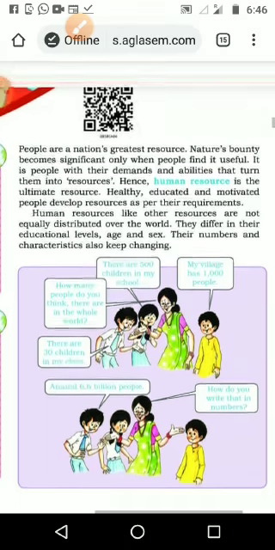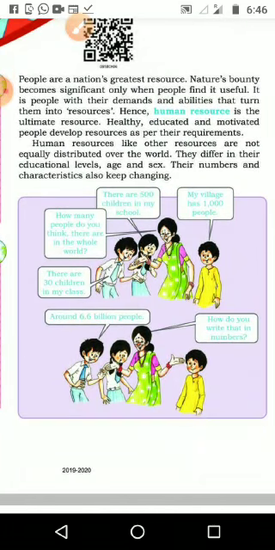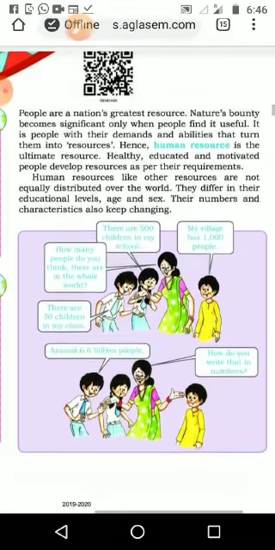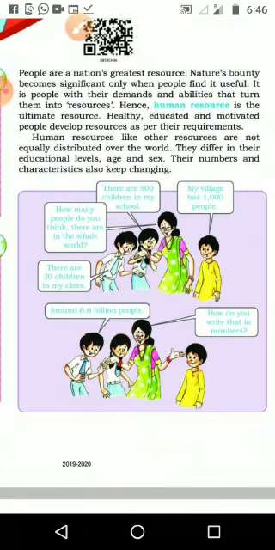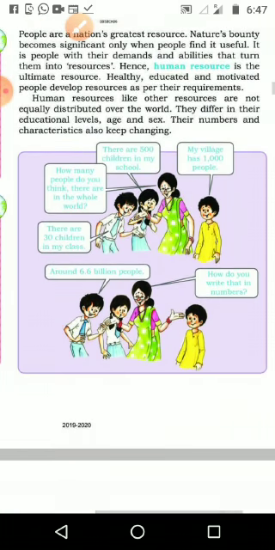Even though we have land or capital or all other raw materials, if human capacity or human abilities are not there, we can't use anything, because the skill or ability of the person makes other things useful as resources. So human resource is the ultimate resource.